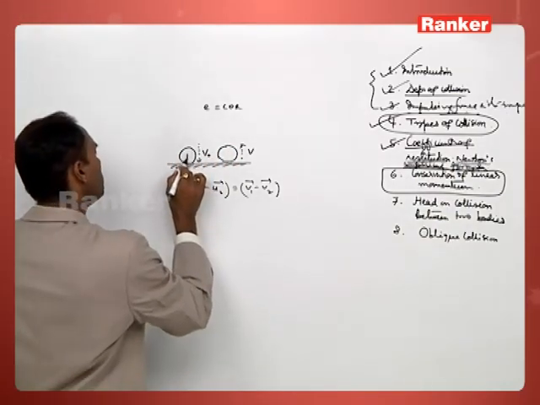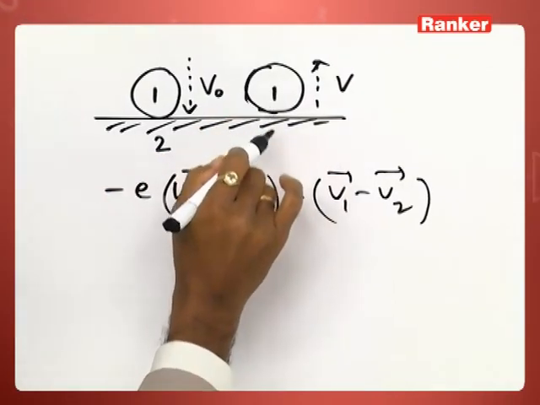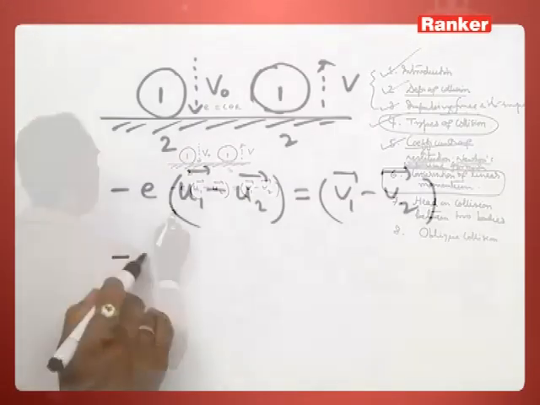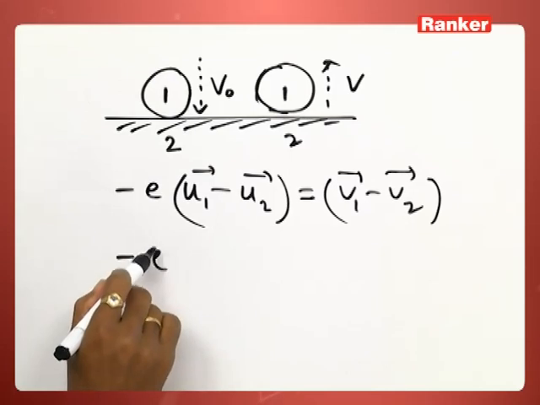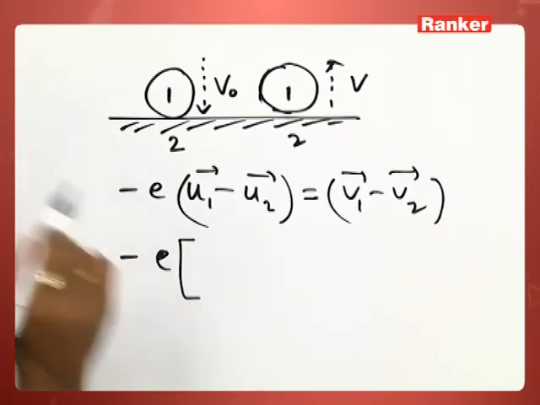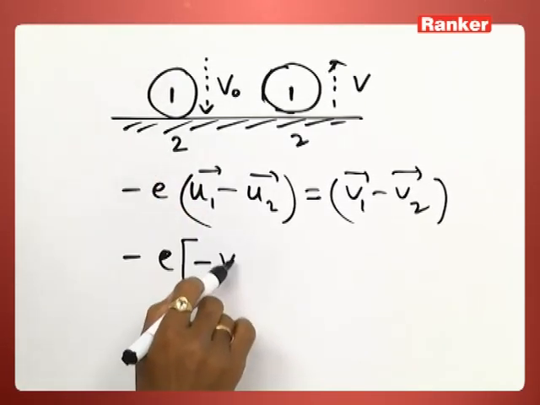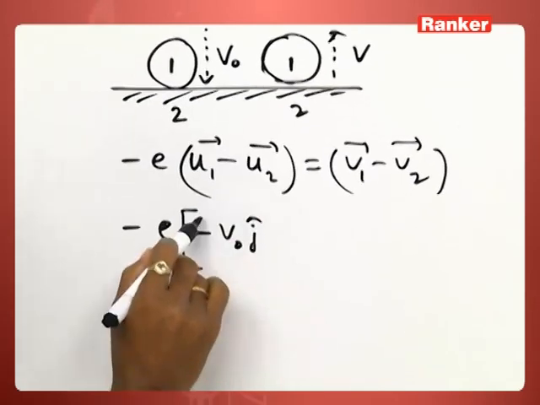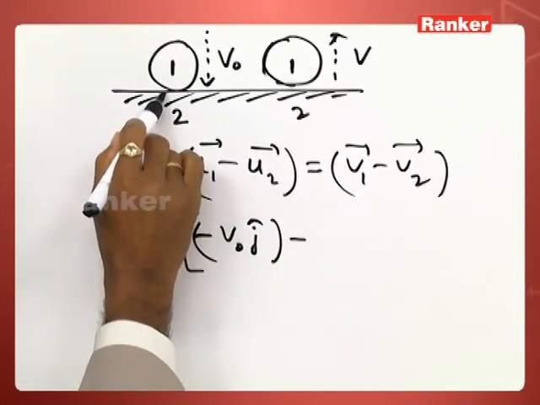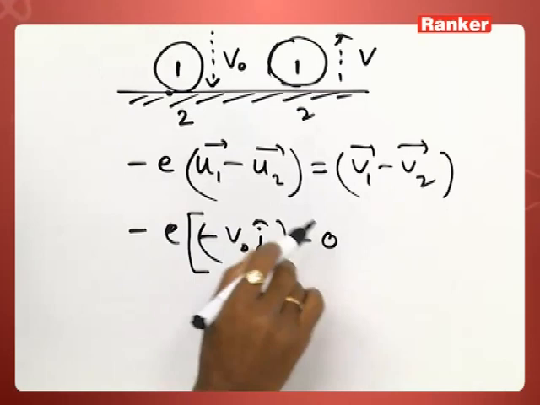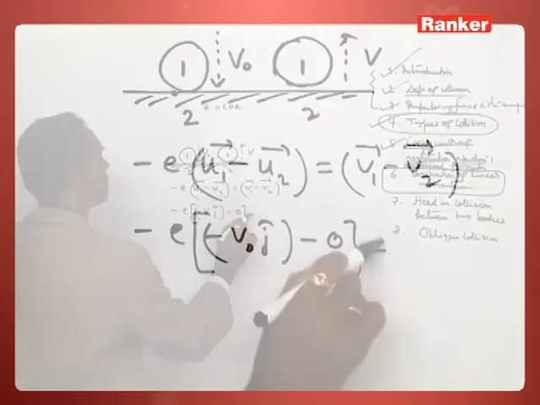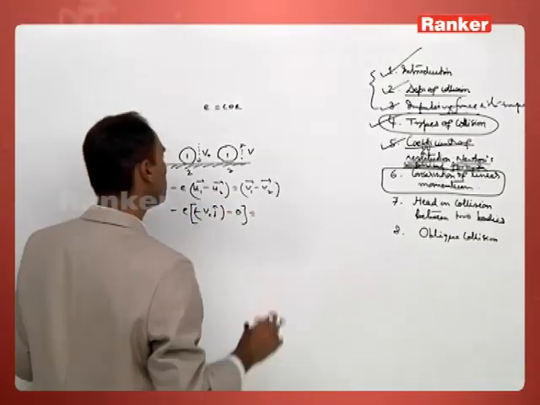If this is 1, this is 2, this is 1, this is 2. Minus e, u1 is minus v naught j cap. This point is at rest on the ground, therefore u2 is 0.